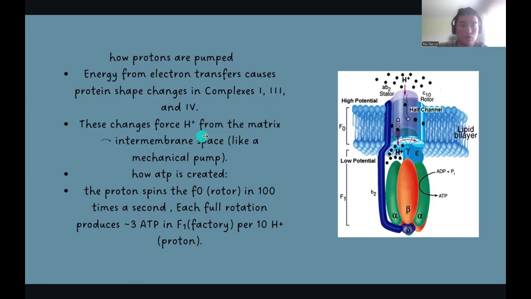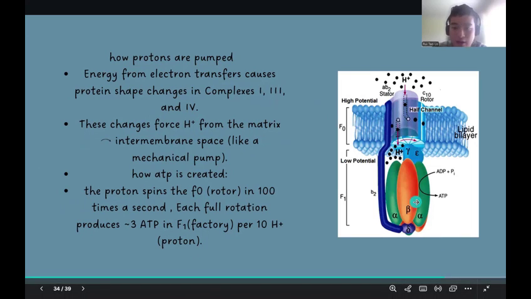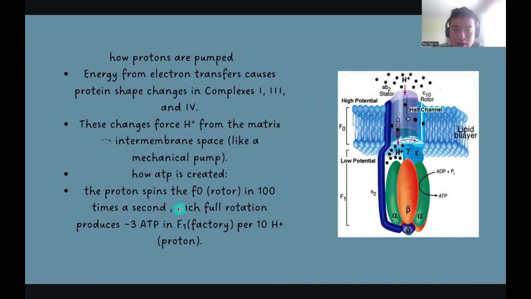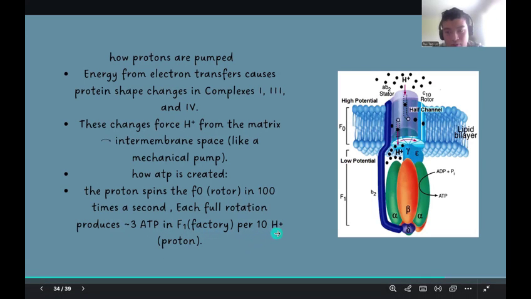These changes force H plus, the protons, from the matrix into the intermembrane space, like a mechanical pump. How is ATP created? The protons spin the F0 rotor about 100 times a second. Each full rotation produces 3 ATP in the F1 factory per 10 H plus protons.